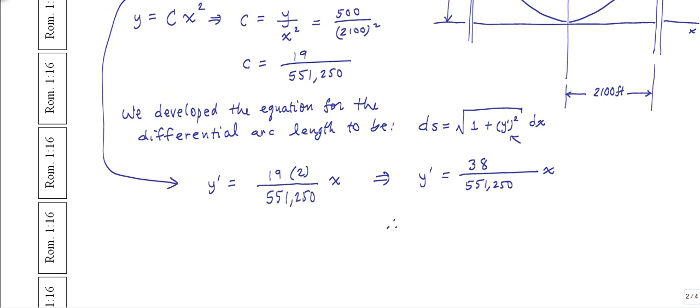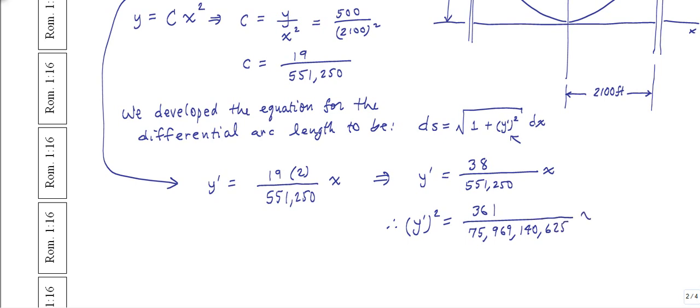So therefore y prime squared is going to be some rather large number. It will be 361 over, this is a very large number, it is 75 billion when you square the thing on the bottom, 75,140,625. So that's a huge number.